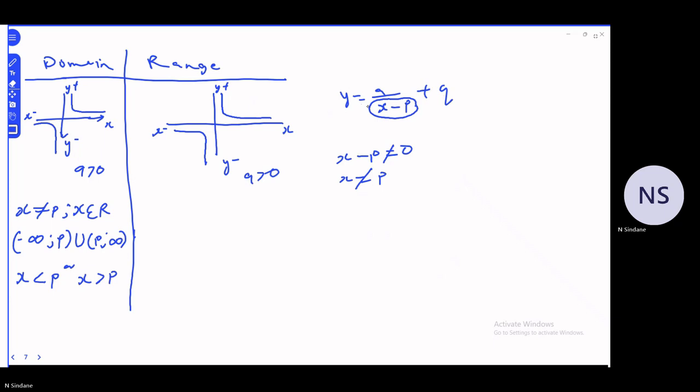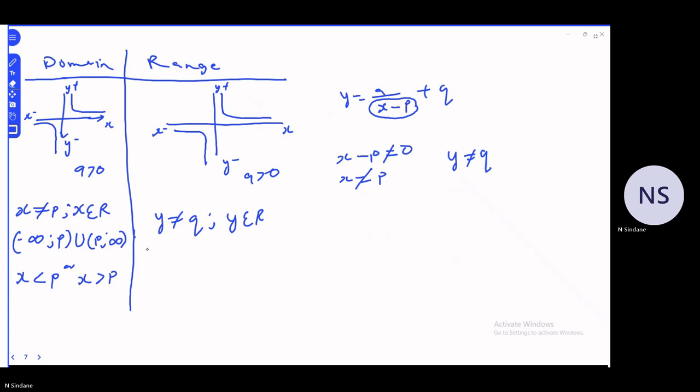Similarly, for range, when y is equal to q, this gives me math error. So it means y cannot be q, because that is my asymptote. That is the line where my graph will never touch. Y is equal to q, right? So in this case, I can say y cannot be q. Y is an element of real numbers, right?